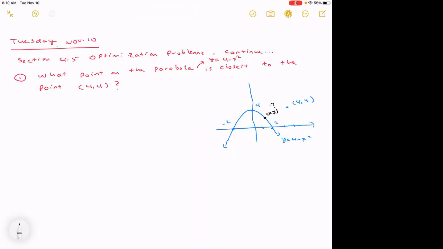Let's call that point xy, since we don't know it. It looks like when you draw the parabola and plot the point 4,4, that point is somewhere there.